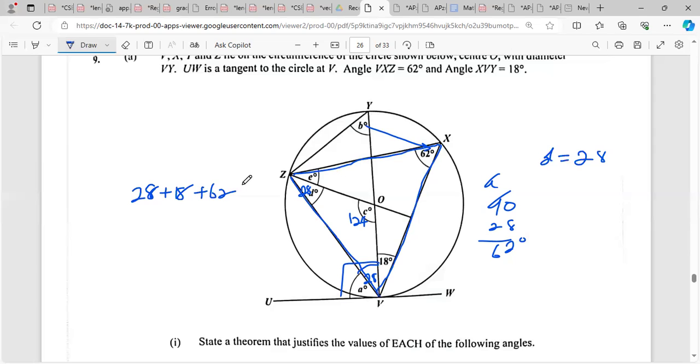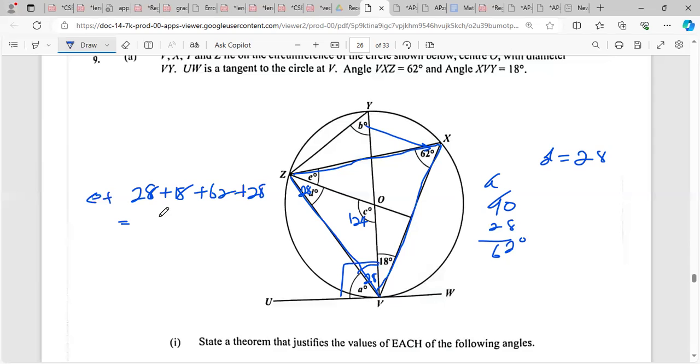Plus the 28 up here. Right? And then E. So I can add them up now. 28 plus 18 plus 62 plus 28 equals 136.